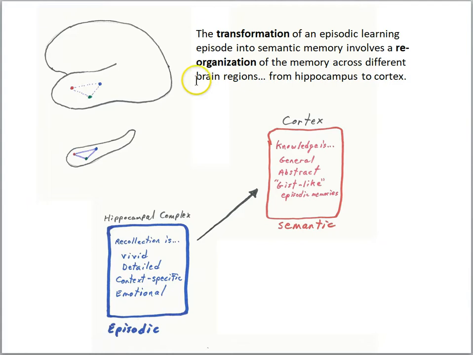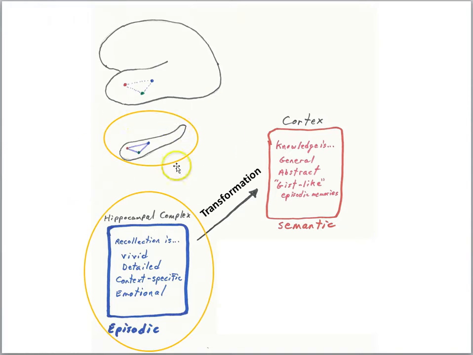But first, the idea of the transformation. Recall that we said that episodic memories can be transformed, providing content for the semantic memory system. So the transformation of an episodic learning episode into semantic memory involves a reorganization of the memory across different brain regions, from hippocampus to cortex. So we want to think of the hippocampal system and the surrounding cortex, the medial temporal lobe.